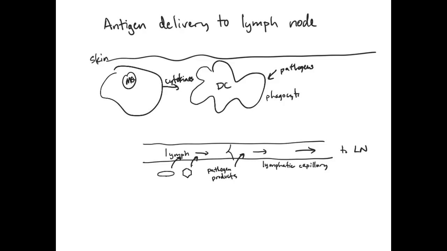They begin to migrate into the lymphatic capillaries and slowly migrate towards the lymph node, where they can present those antigens to T cells. Again, these dendritic cells express MHC molecules and specialize in presenting antigens to T cells and activating them.